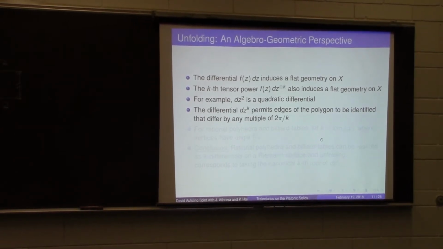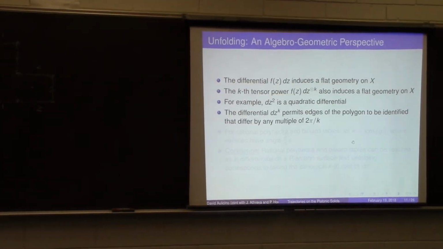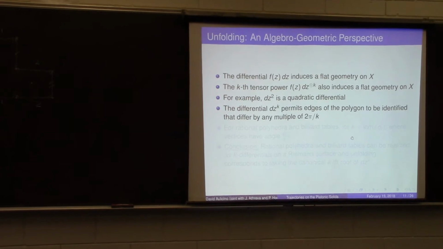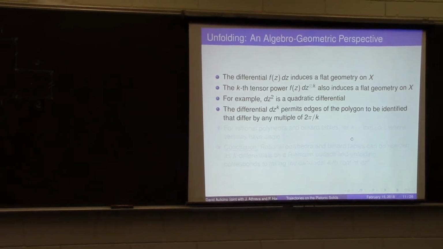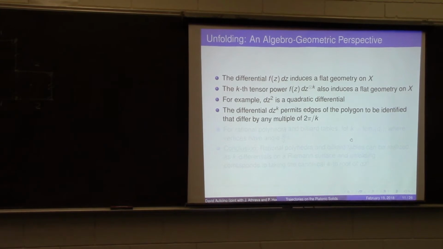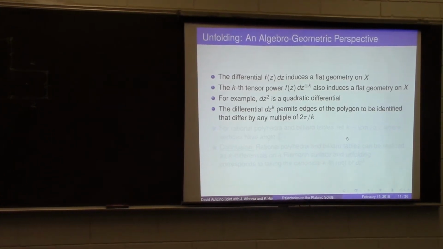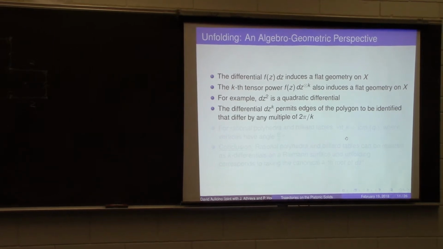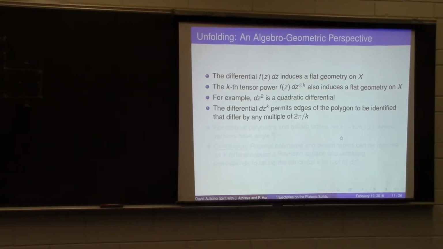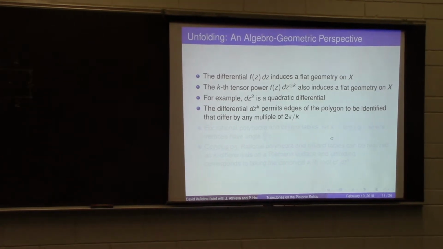So if we think about this for an abelian differential, we're only identifying sides that are parallel with the same direction, and so therefore there is an orientable foliation on this thing. For quadratic differentials, we know that there's a foliation on it, but it's not orientable, and this is because we're identifying 1 and minus 1, the second roots of unity.